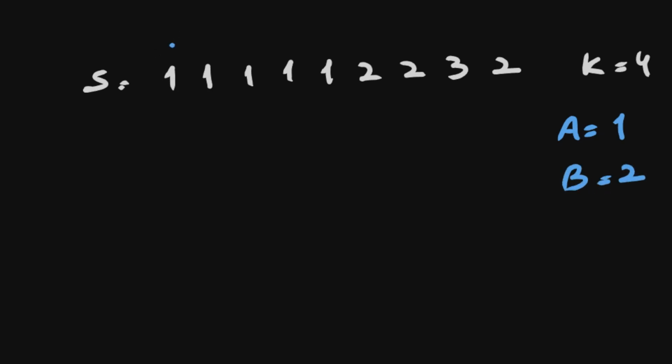Now we will iterate this from left to right from index 0 with a right pointer, and we will have also a left pointer which is initially at index -1. And at each step we are checking if the current character corresponds to a or b, and if it corresponds to any of these we will update the count for this character.